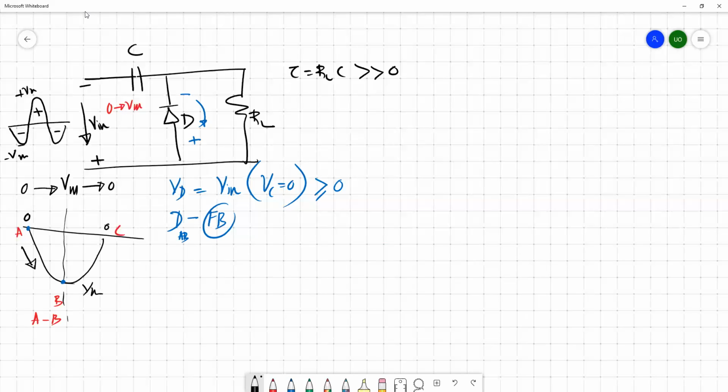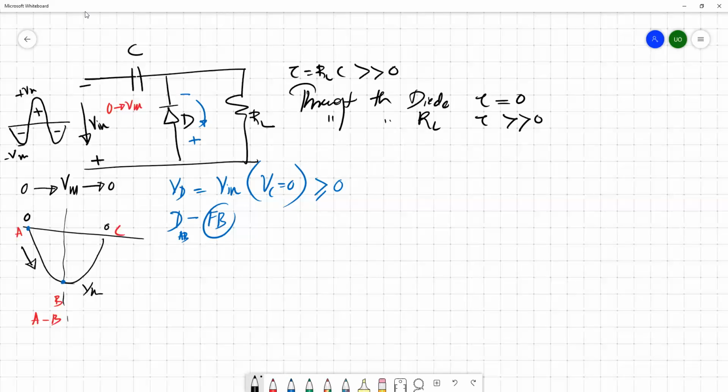Once this diode gets forward biased, you don't see any current flow through the load resistor because it has a comparably high time constant. Through the diode, tau would be close to 0. Through RL, the time constant would be pretty high. Due to that, the current flow only happens through the diode.